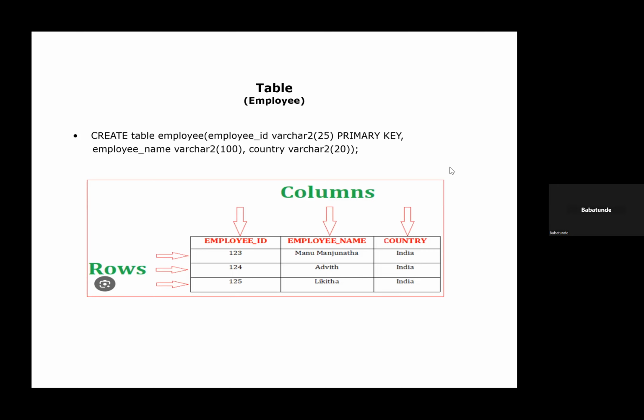Maybe for my name you can put Babatunde, or maybe you can put a surname. Then I want to create a column called country with a length of 20. And you send that information. Now I have interpreted what this command is saying in pure English.